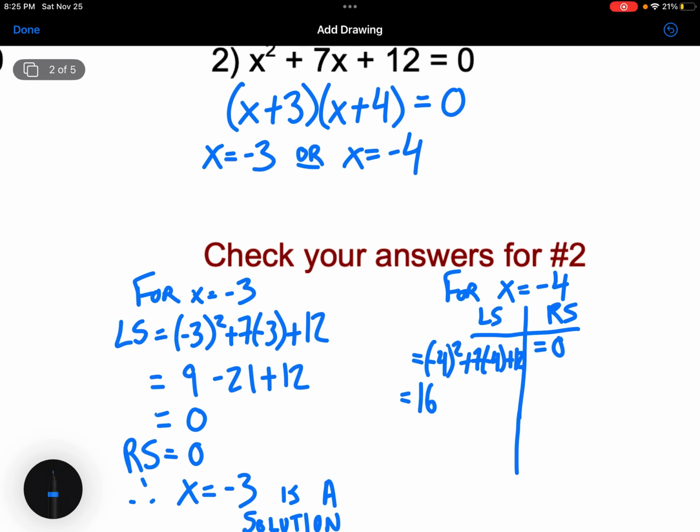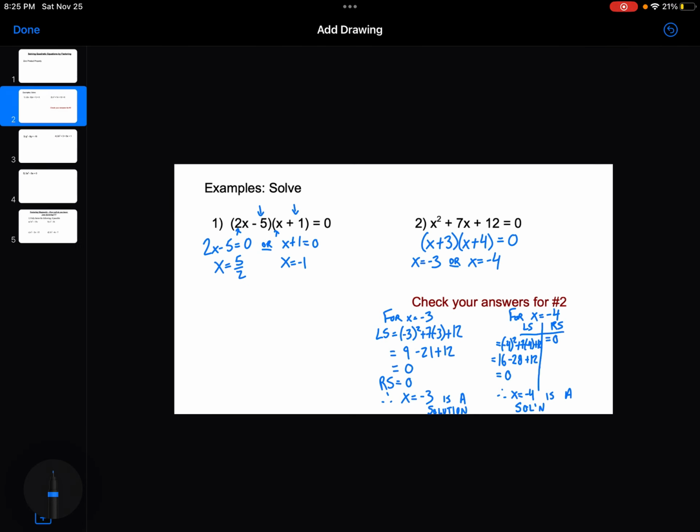That's going to be 16 minus 28 plus 12, which is 0. Therefore, x equals negative 4 is a solution. All right, and that's how you do a formal check for those.